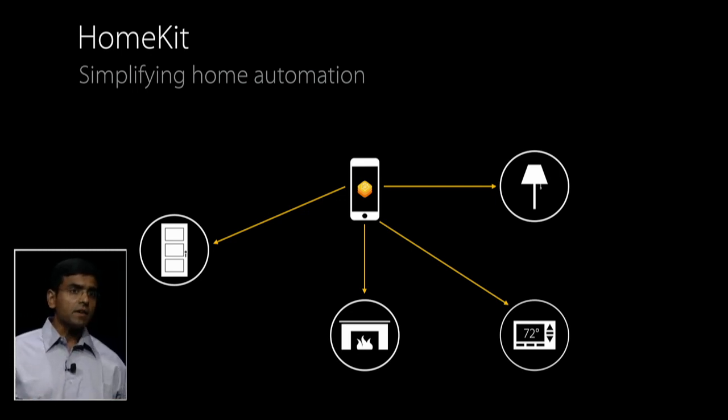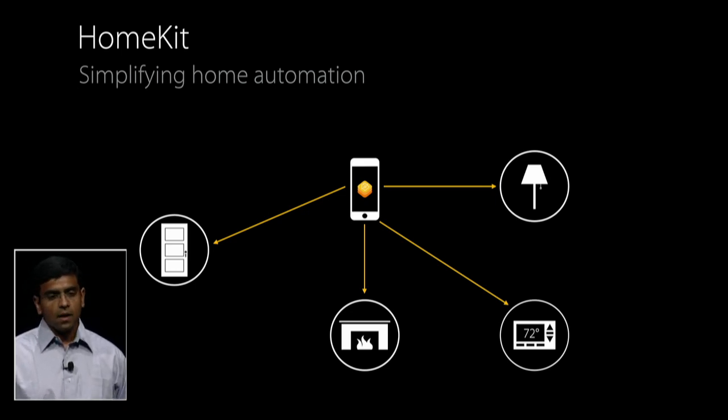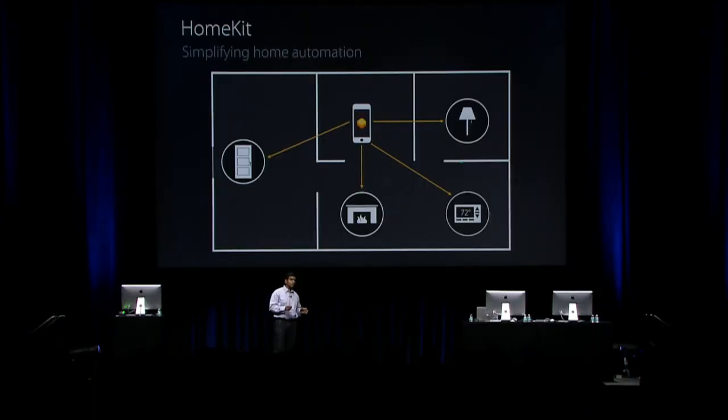If your accessory implements one of the Apple-defined profiles, Siri works right out of the box. And the HomeKit framework on iOS models a home very naturally. So we have objects that describe rooms, zones, which are a collection of rooms, and then, of course, accessories that you can control.